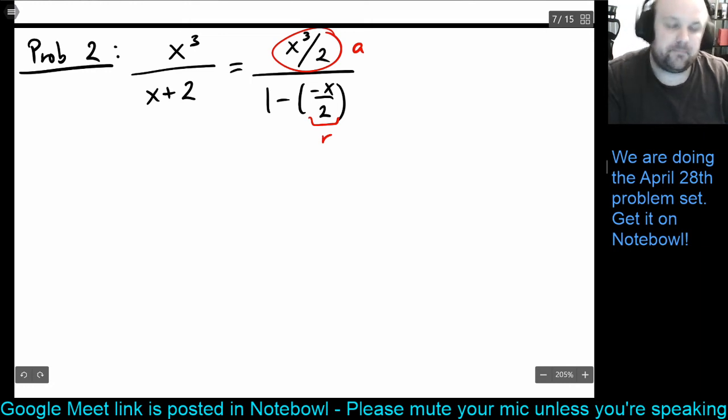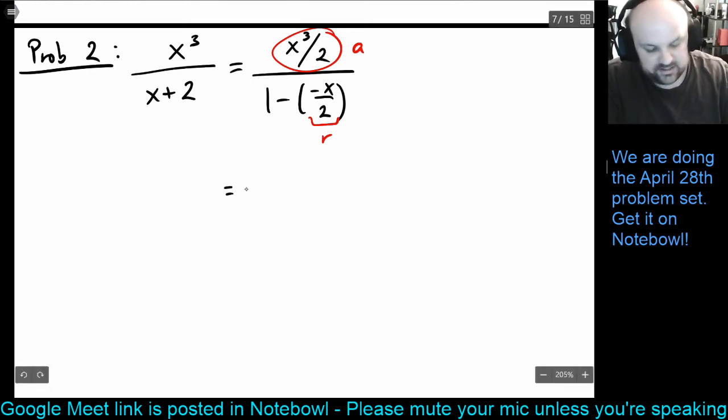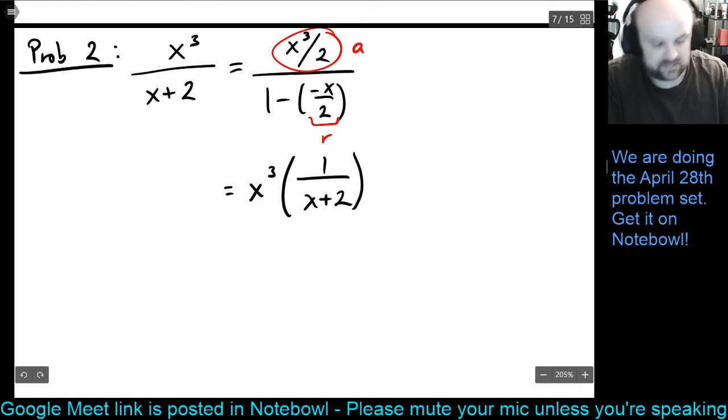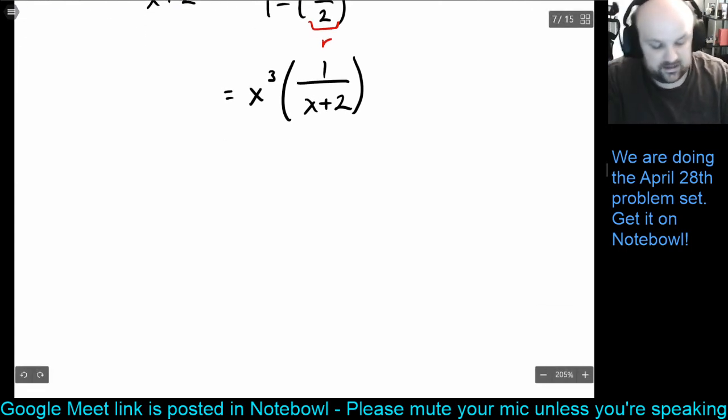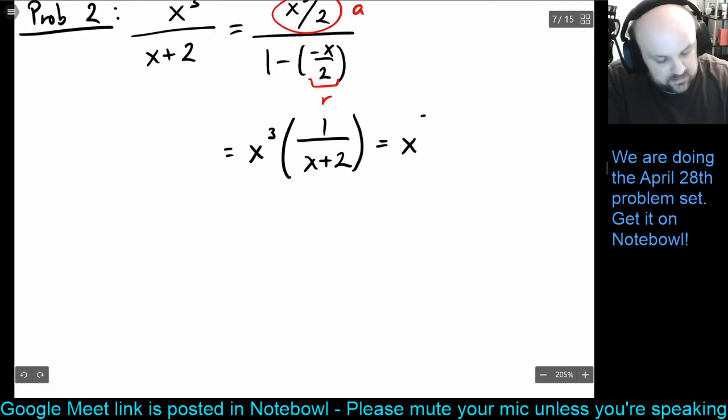An even better way, I think, is to say, well, this is x cubed times something I know a power series for. So just x cubed times this thing. And we know the power series for that thing, so let's write it down.